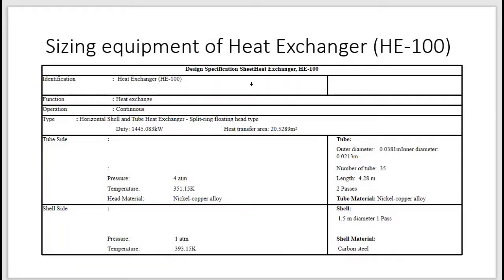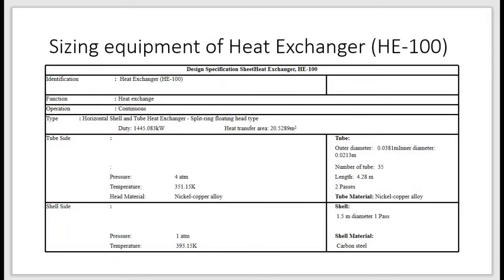Basically, for the equipment sizing of our project, there are 12 equipments, and these are the conclusion. For the calculation part, you may refer to our report. Next, I will explain the mechanical design.